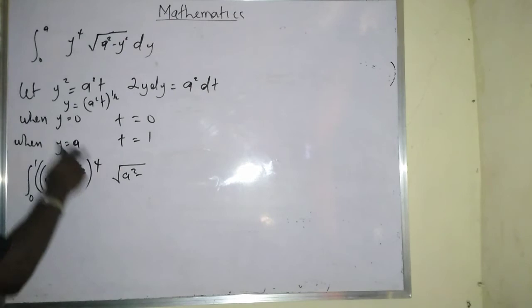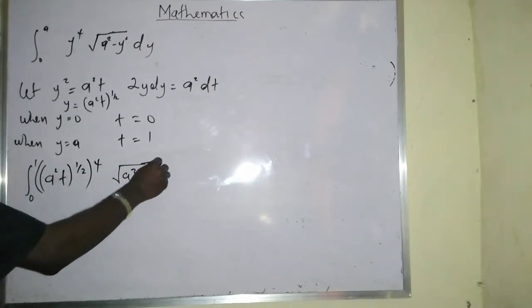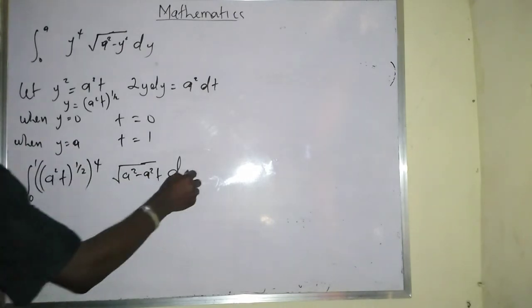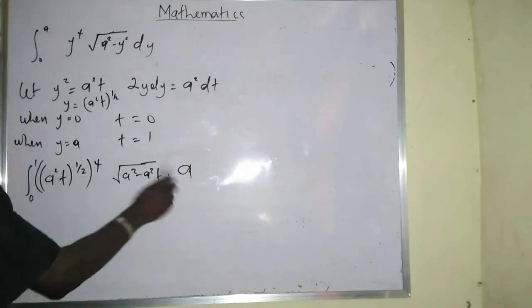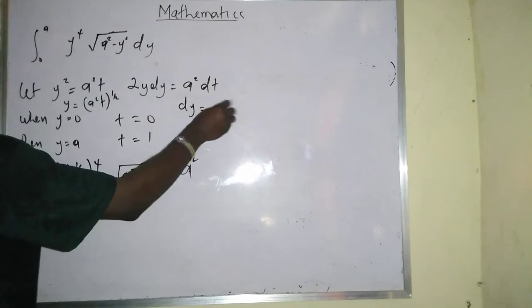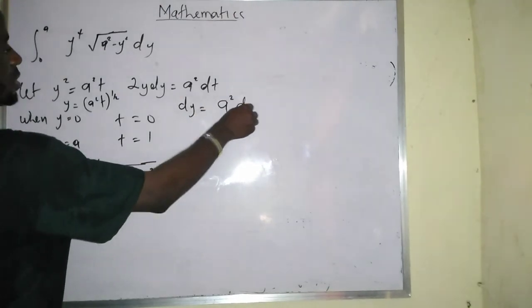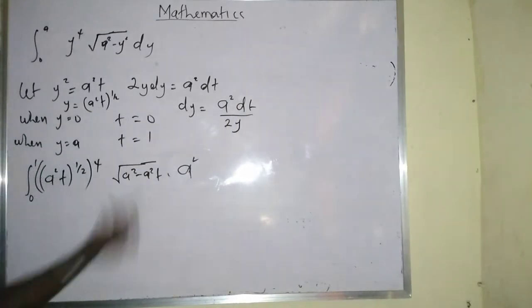What is my t? My y squared is equal to this, a squared t. And what is my dy? My dy will be equal to a squared dt divided by 2y.